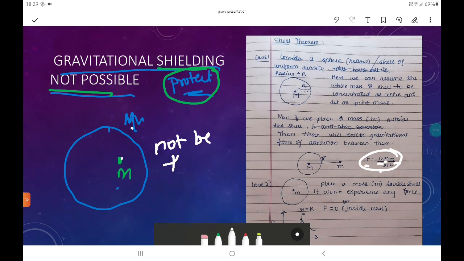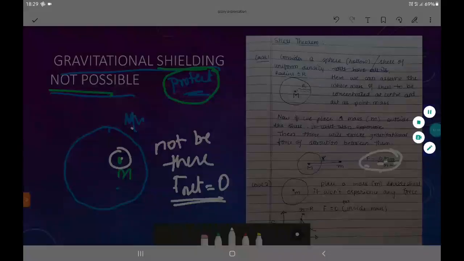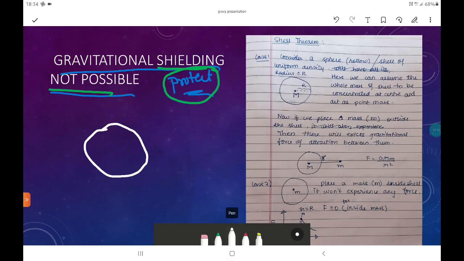There will be F net force 0 on this small mass. So when that mass was kept inside, it won't experience any force.